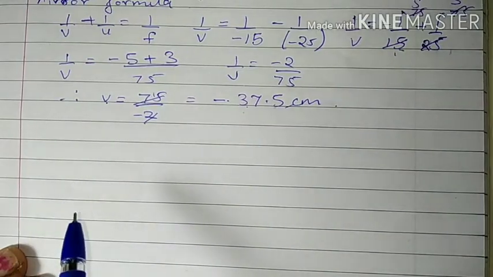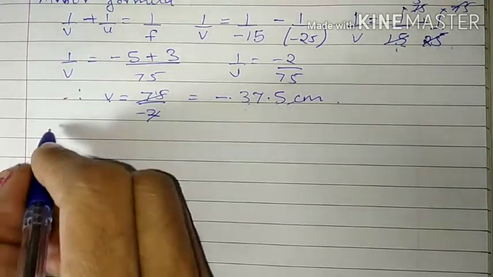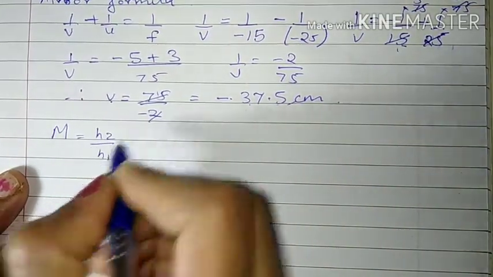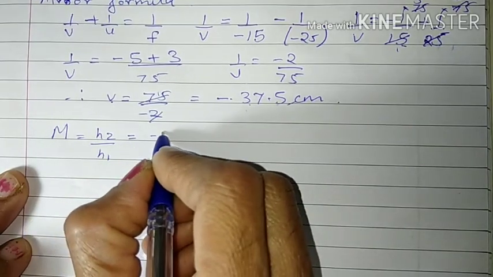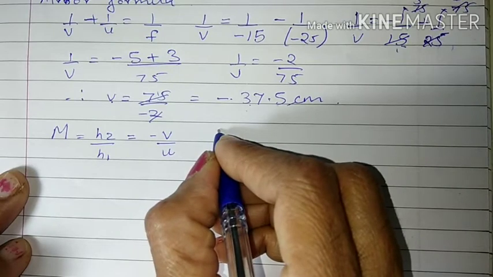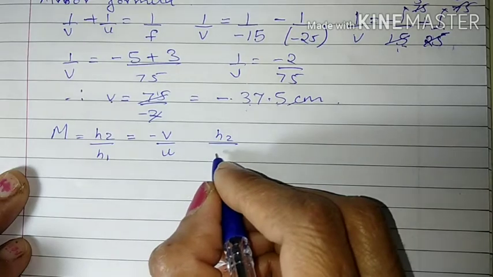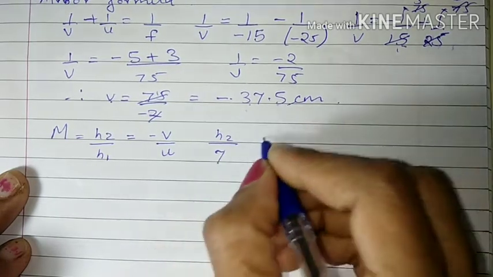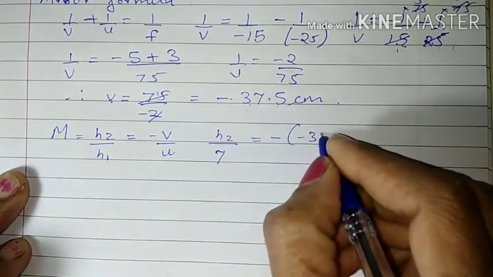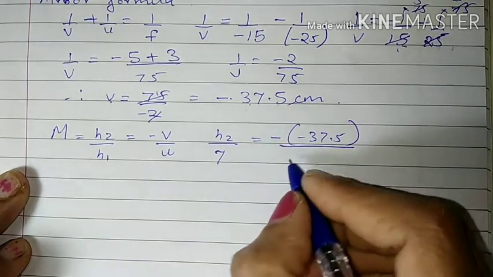The next thing we need to find is the size of the image, and for that we use the formula: magnification M is equal to H2 upon H1, which is also equal to minus V upon U. So we have H2, and H1 as 7 centimeters. The value of V is minus 37.5 upon U, which is again minus 25.